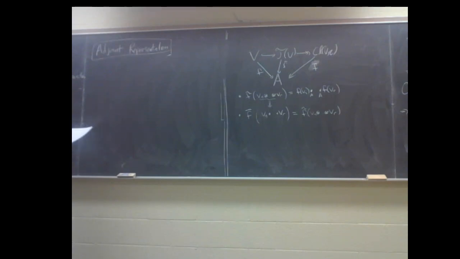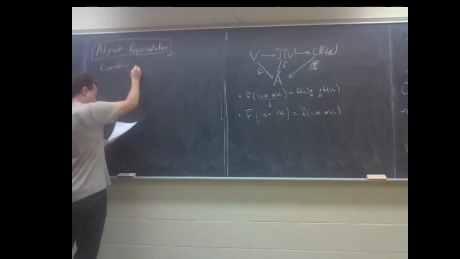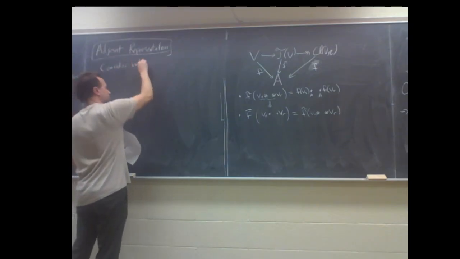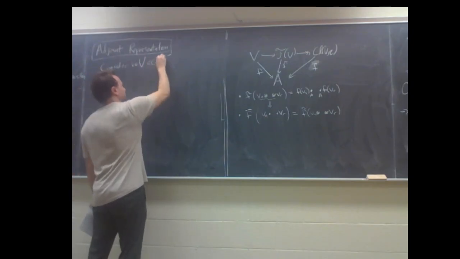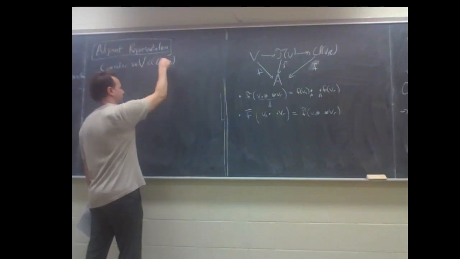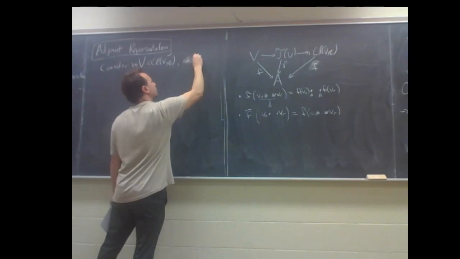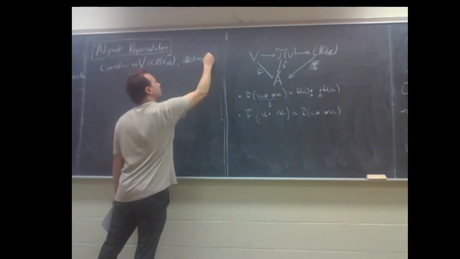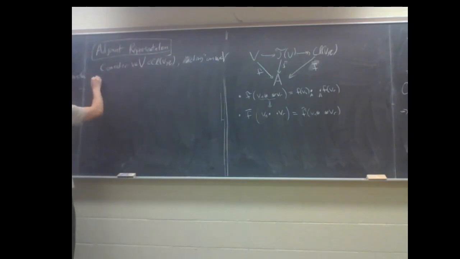So I'll say it like this. We're going to consider a V in V, where we treat this as a subset of the Clifford algebra, and we have a W in V. This is the common way to define an adjoint representation inside of an algebra.